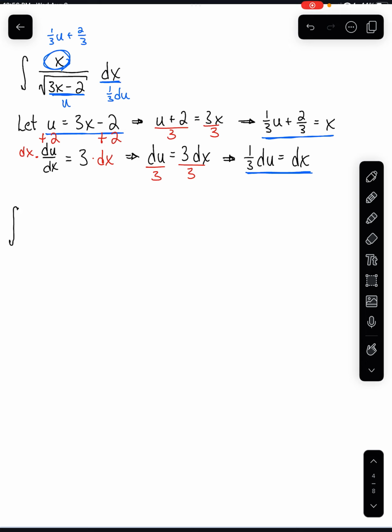So let's take our integral, x in the top, square root of 3x minus 2 in the bottom, dx, and let's rewrite it in terms of u. The numerator now becomes 1/3 u plus 2/3. The denominator now becomes the square root of u, and the dx becomes 1/3 du.